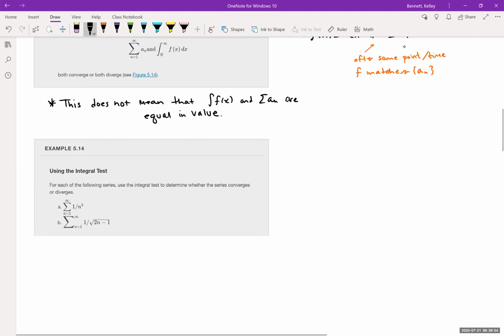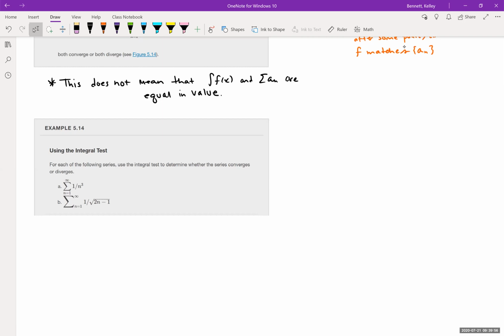All right, so let's give it a whirl. So we have to meet all of these conditions, right? So for the first one, we see here that a sub n is equal to 1 over n cubed.